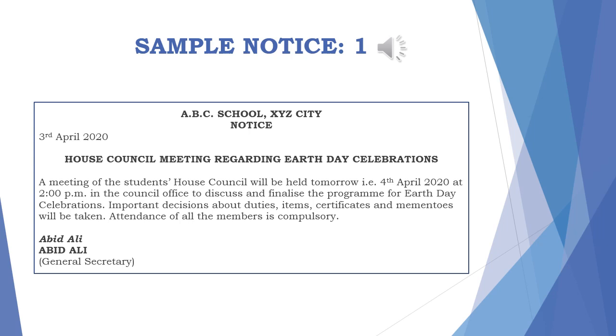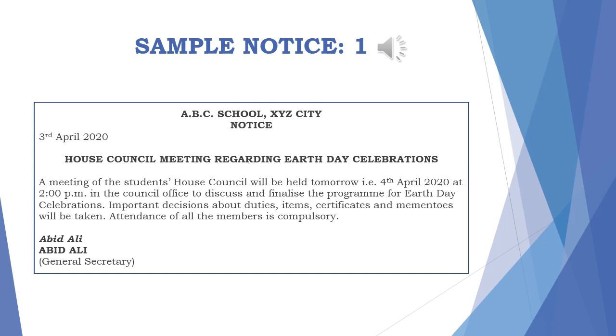Students, now let's see how the sample notice has been drafted. It is drafted inside a box. On the top center, the name of the school and name of the city is given. Here in the question statement, there was no name given, so we have written ABC school and XYZ city.